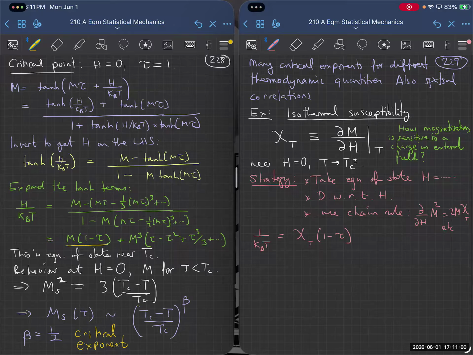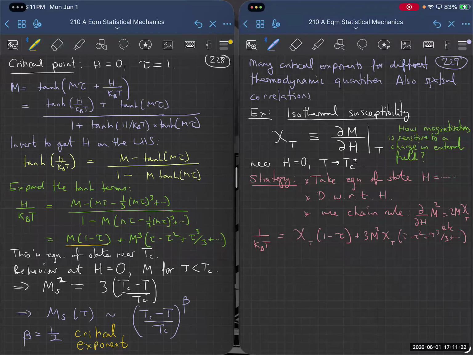And then I get some other terms: 3M squared chi T times tau minus tau squared plus tau cubed over 3 dot dot dot. So that's what I get by differentiating the equation of state.